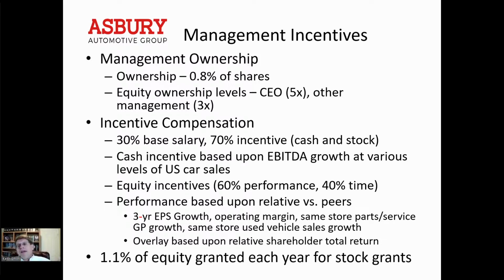And then they overlay this with total shareholder return, so they compare their return versus other car dealers. If their relative TSR, or the shareholder return, is higher, then they scale it up by 10 to 15%. If it's lower, then they scale it down by 15%. So they look at this from multiple ways, and this is applicable to the 60% of the equity performance they provide. Now, overall, the company is granting about 1.1% of equity per year, which is modest.